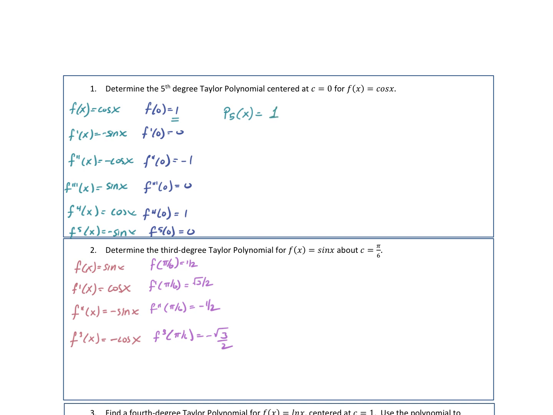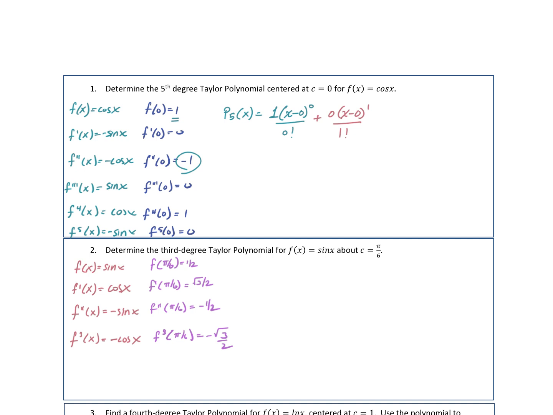Then I'm going to show a lot of work here. You won't have to do all this, but it's going to be x minus 0 to the 0 power over 0 factorial. Then we do the second one. So I'm going to write them all, even though the zeros are going to go away. We'll say plus 0, and then x minus 0 to the 1st power over 1 factorial.